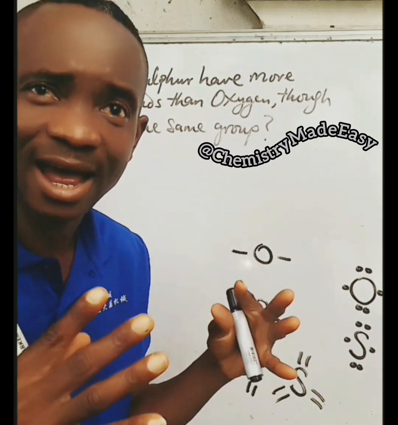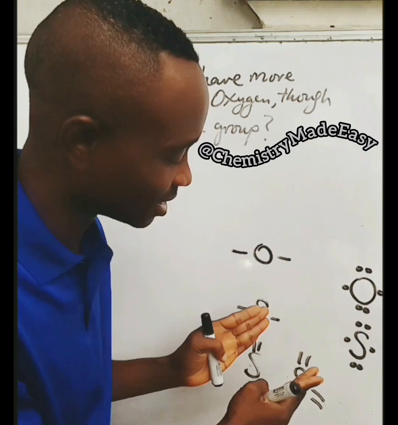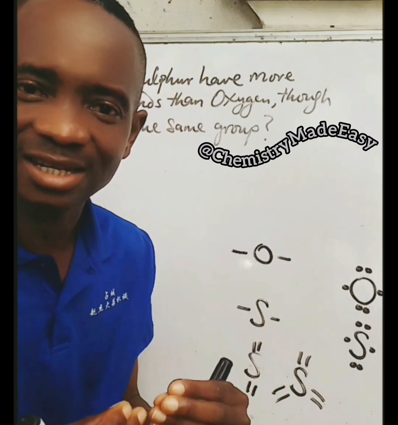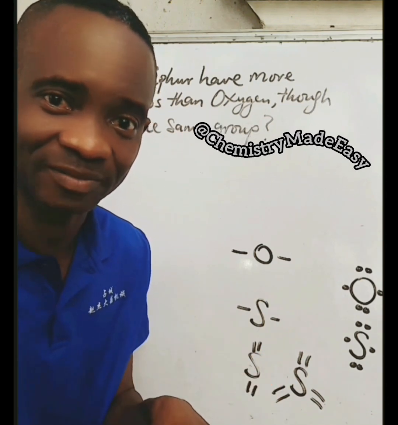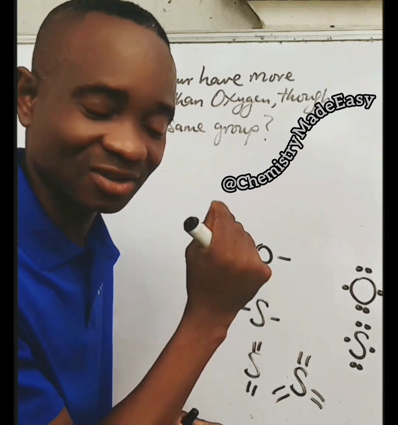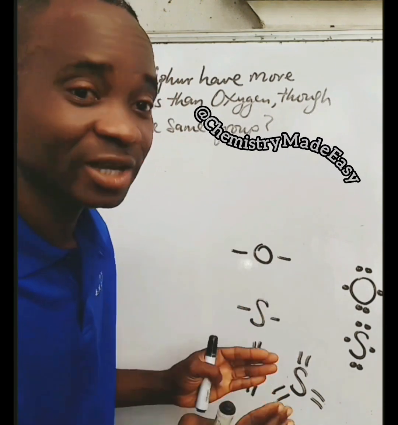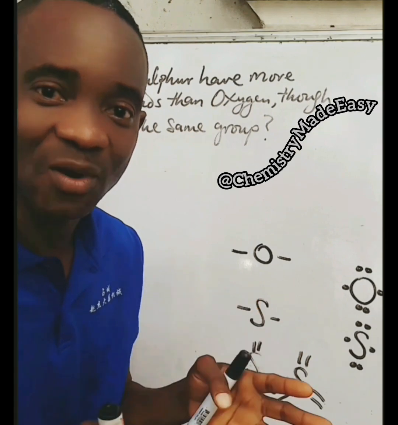So because of this higher energy, electrons cannot easily quantum jump into that orbital. But in sulfur, the empty 3d orbitals can accommodate electrons. They are lower in energy, meaning that there is possibility of excitation of electron into the empty d orbitals, which creates more unpaired electrons and consequently more covalent bonds.